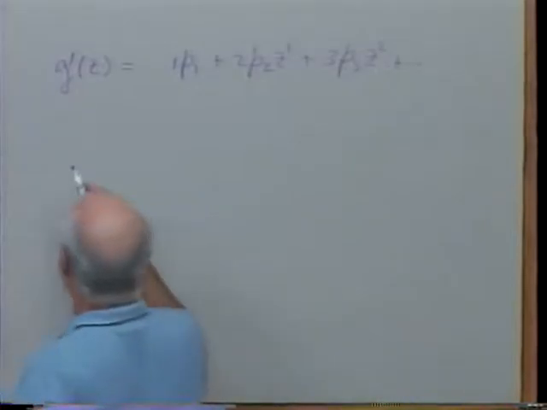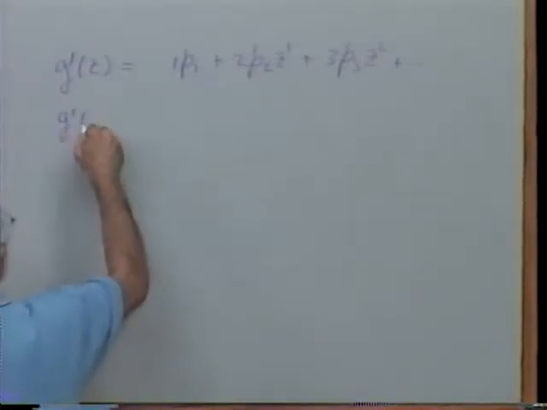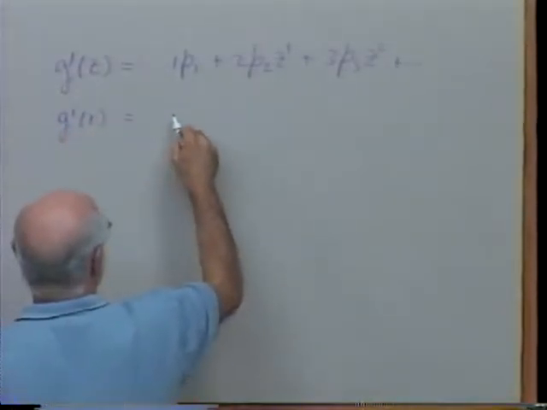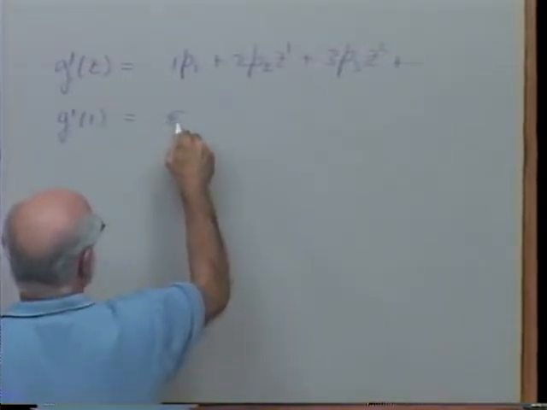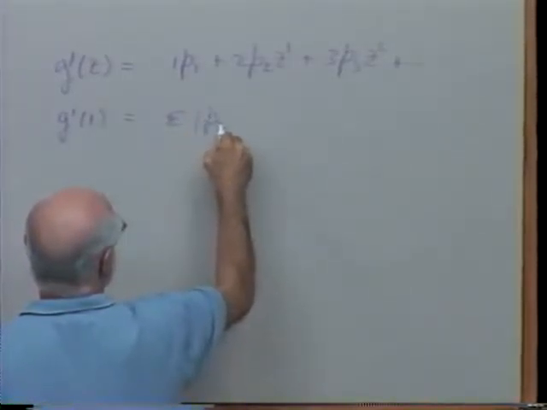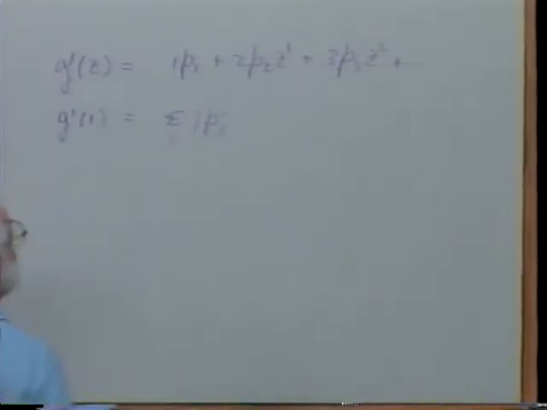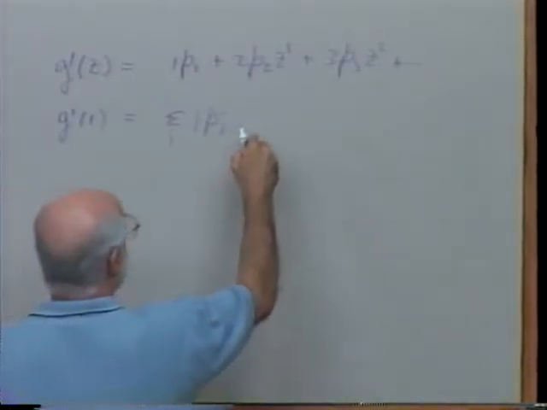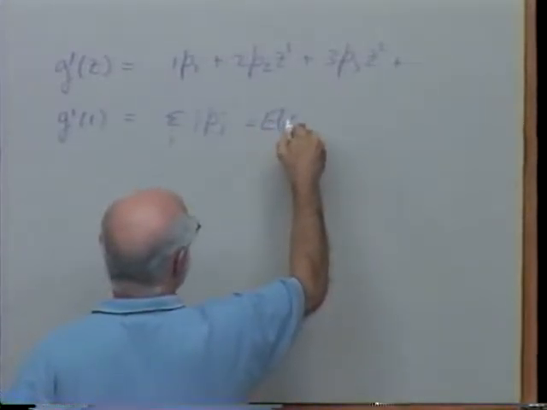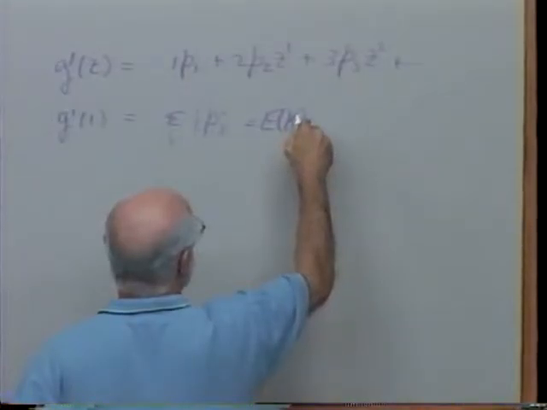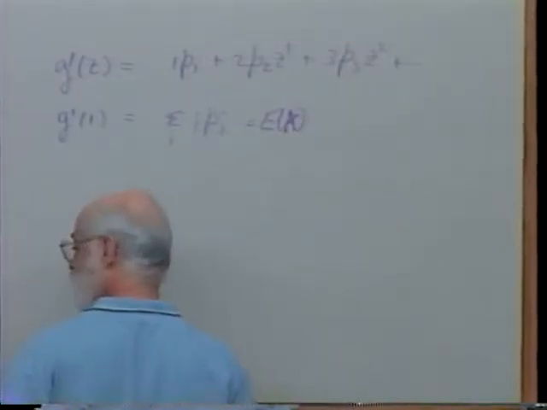And then if I set z equal to 1, this would simply be the summation of j pj over all j, which of course you recognize as the expected value of the random variable whose generating function we're differentiating.